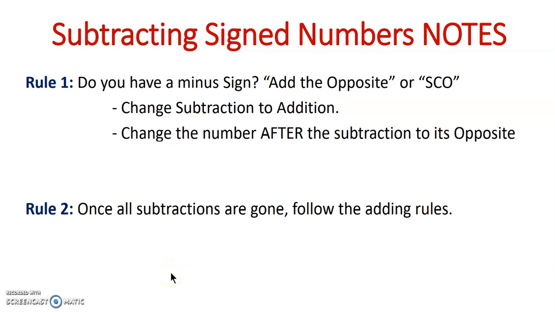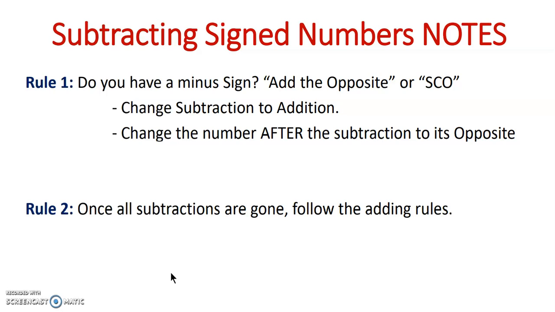When faced with subtraction and integers, things can get a little bit tricky with subtraction and negative signs. So what we do is we eliminate subtraction altogether by taking away the subtraction and making it to addition. Because we make that change, we also need to change some numbers to their opposites.